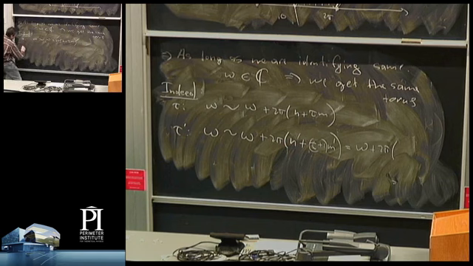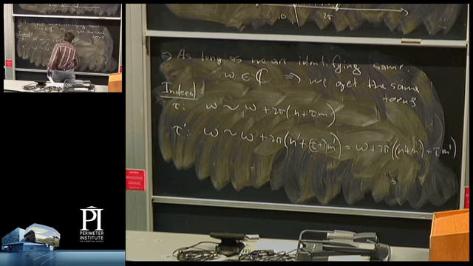Now, when I identify with tau prime, what I'm doing is omega plus 2 pi, and plus, here I would have to put tau prime, but our tau prime is tau plus 1. However, I can do a trivial arithmetic here.